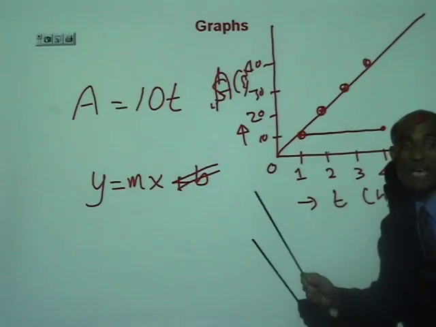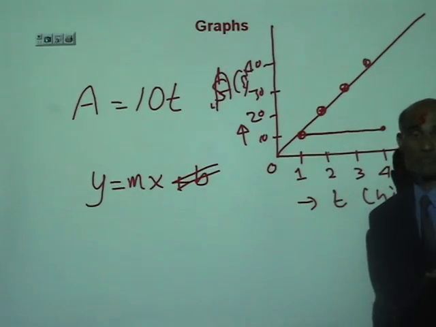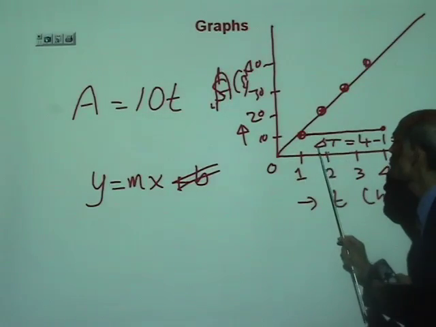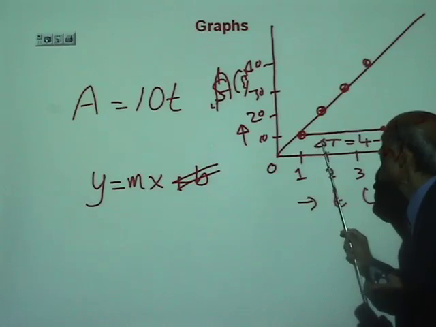The time changed by 3 hours. Now, in mathematics, we will use this notation. Look at that. Delta t. I'm going to write it as 4 hours minus 1 hour, and that's equal to 3 hours.